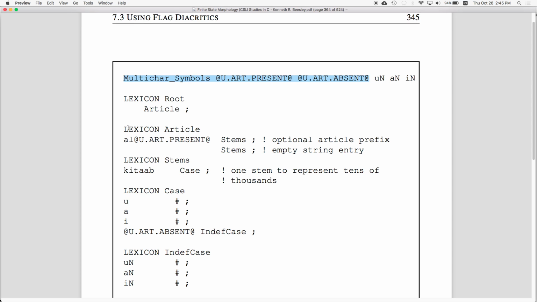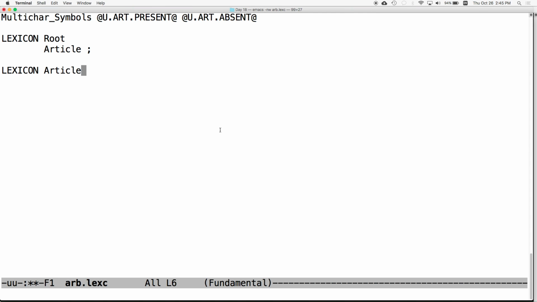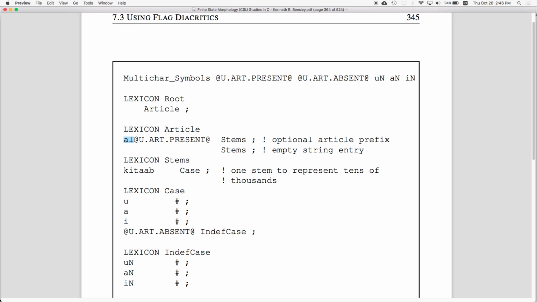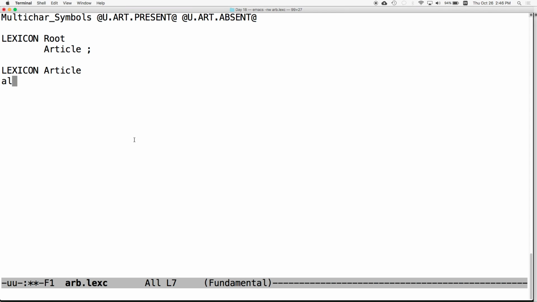Okay, so what do we have going on here? We've got articles. So we've got an actual article or we could just have null as an article. Okay, so article could be, we'll start with al, and then we could go to stems.